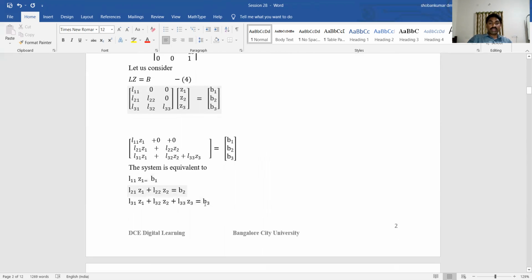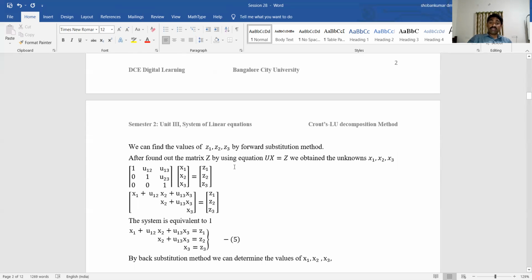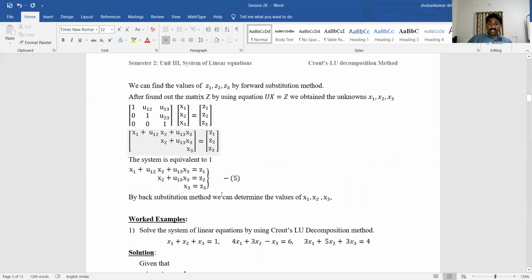By forward substitution, we get Z1, Z2, Z3, and again we assume Ux is equal to Z. U is the upper triangular matrix, X is the unknowns, and Z we know, Z1, Z2, Z3. Substitute here, expand the left hand side and equate the corresponding elements in the right hand side. We get three equations. By back substitution, we get x1, x2, x3.